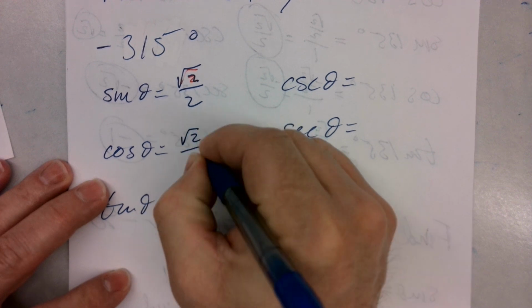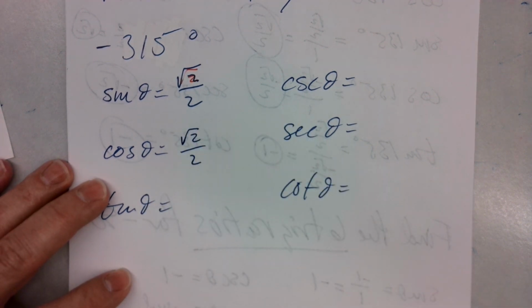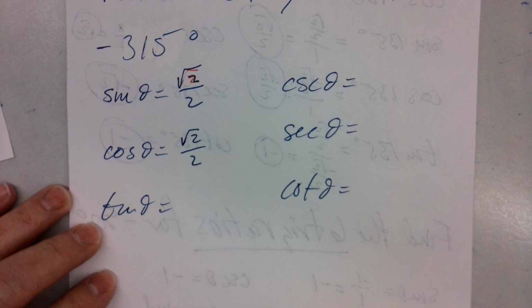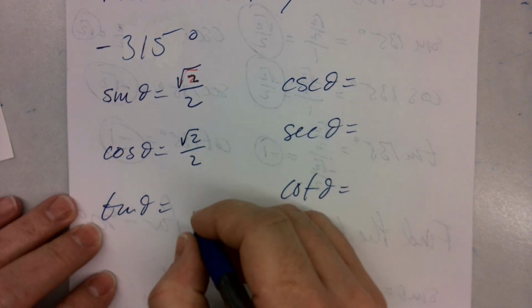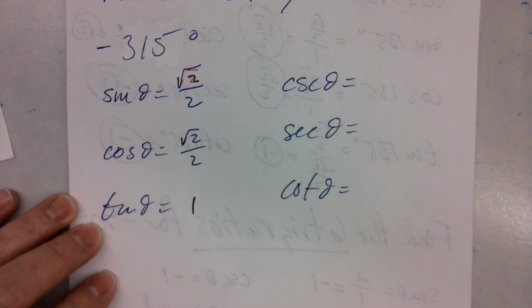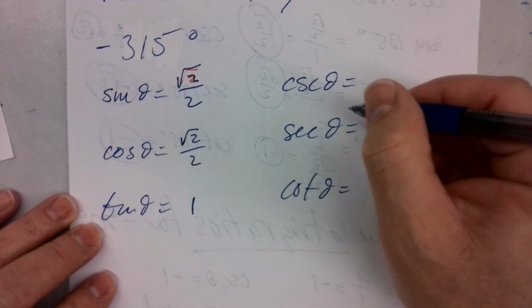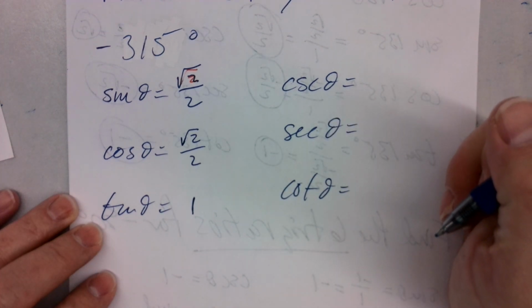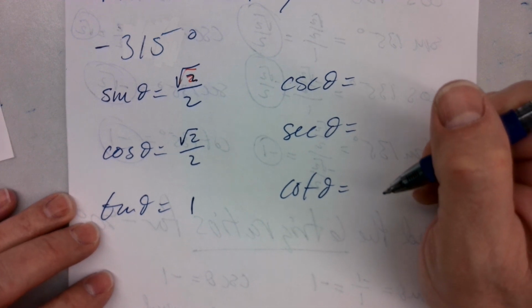Root 2 over 2. Anybody else get root 2 over 2? Okay, so I was 6. Who was 7? What do you got for tangent? Isn't it just one? Negative 1? It's got to be positive. Negative 315. What you did is you just went right to 315, but you should go reverse around. Oh. Okay, so what were you? 7. Who was 8?